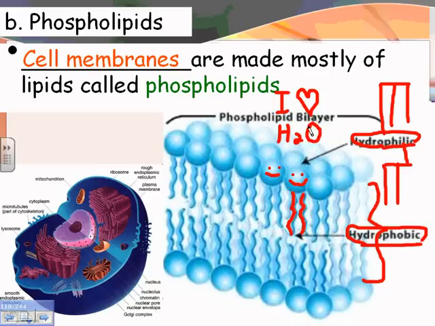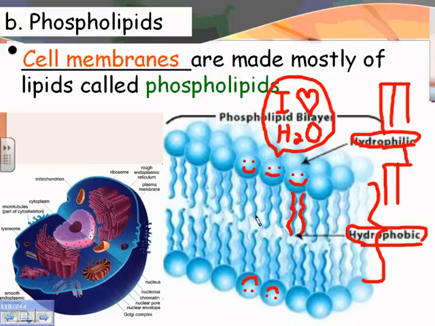So when we draw these in class, I am typically going to put smiley faces on these so you can remember that they're saying, I love water. And the little folks down here, they're also going to be saying, I love water. I'm hydrophilic, I mix with water. So water's attracted to these things, but water shuns these. Water stays away from these.